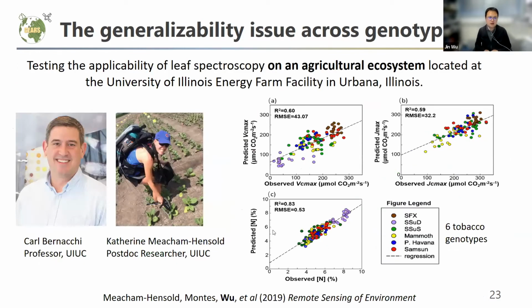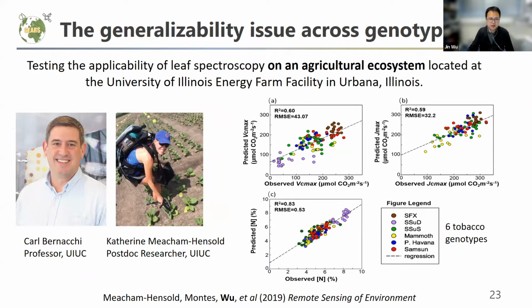During that time, I also collaborated with my colleagues Carl Bernacchi and Kathleen, both from the University of Illinois Urbana-Champaign, to see whether the same technique can be applied to the agricultural ecosystem. So we did similar things in the agricultural field, and we used tobacco as an example.